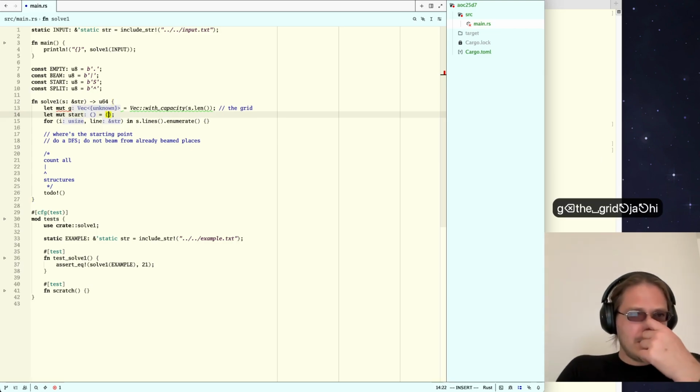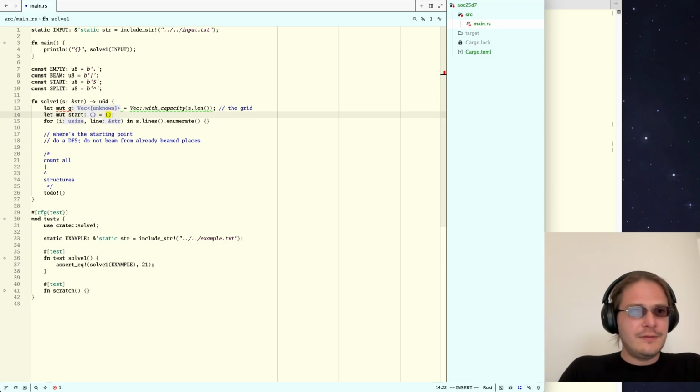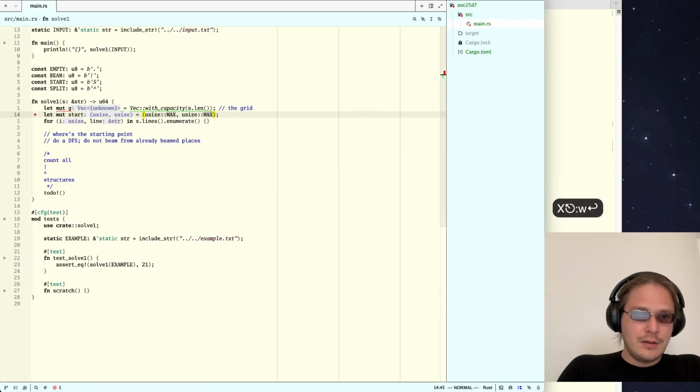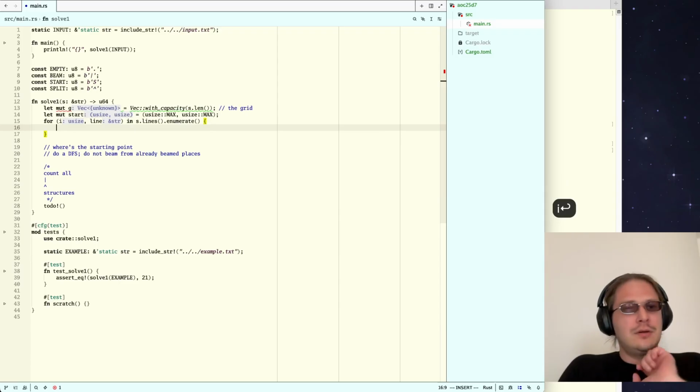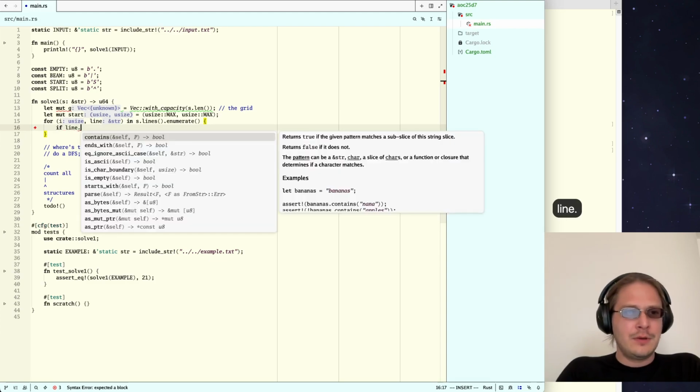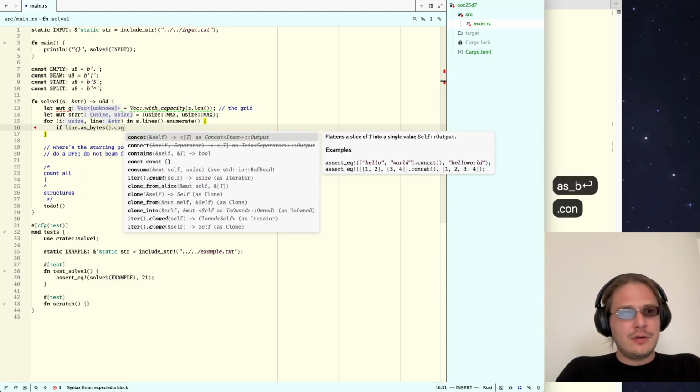Okay, so the start is at... Come on. Okay, I don't care. Use size max, use size max. I don't care. Now, okay. Yeah, lines enumerate, if line as bytes contain.